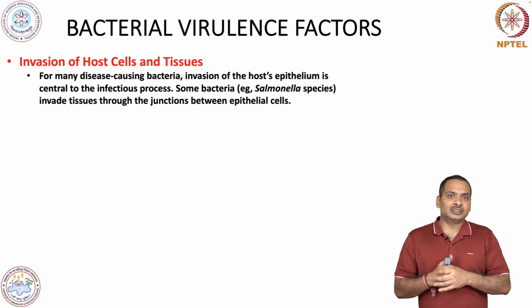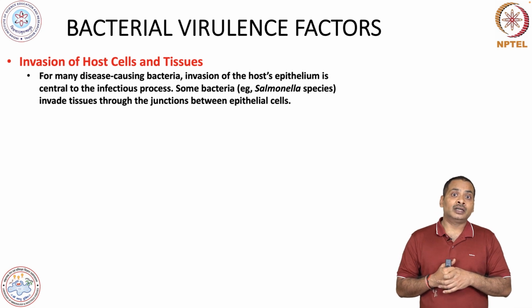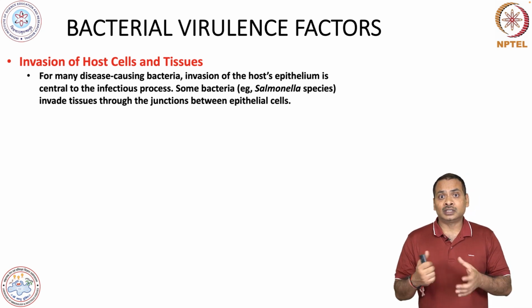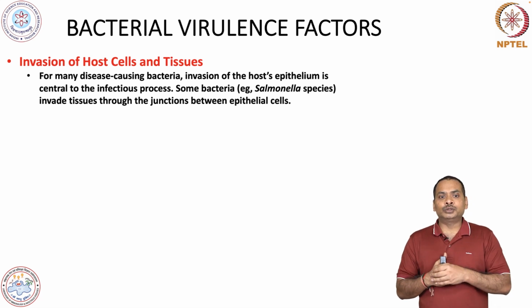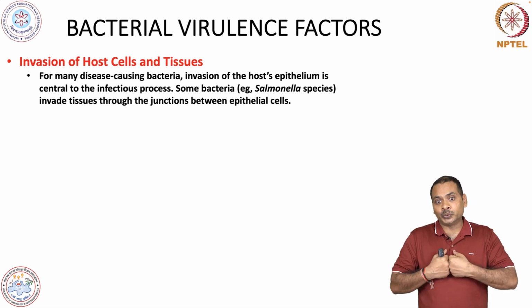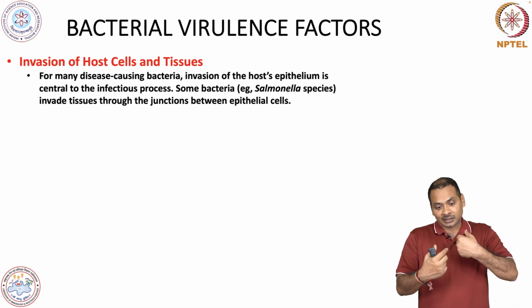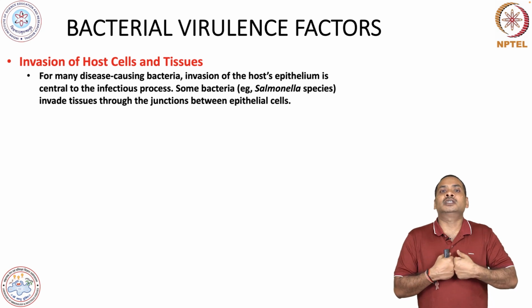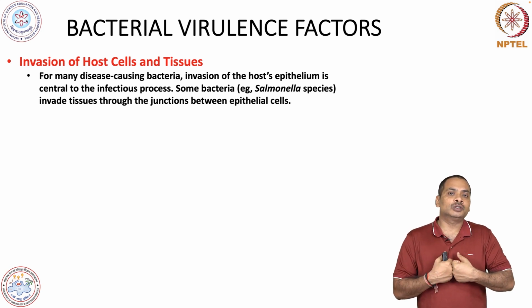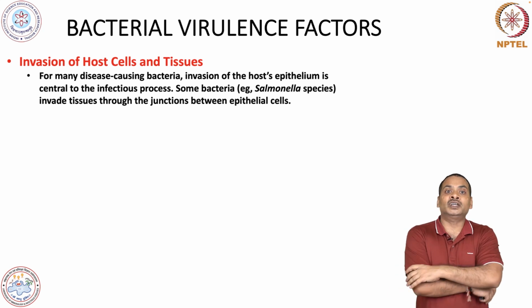Some bacteria, such as some species of Salmonella like typhi, invade the tissue through the junctions between epithelial cells. So, these bacteria basically hook up between this junction, they find some molecule and over there they can hook up, and then that causes the infection.